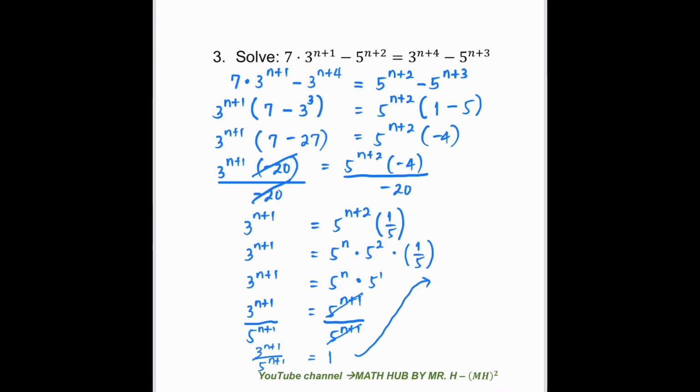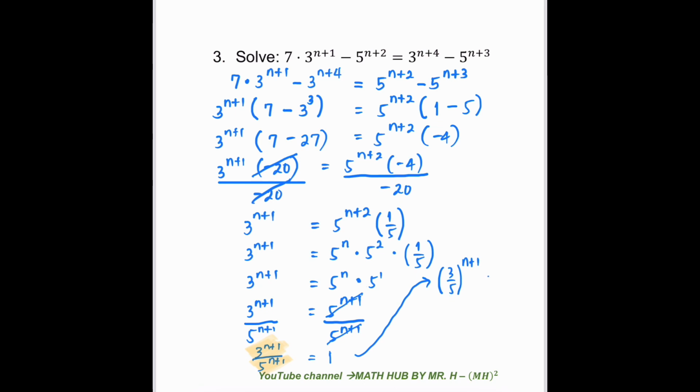Okay, so if you can recall one of the rules earlier, the left-hand side can be rewritten into 3 over 5 to the power of n plus 1. That's one of the rules because both of them have the same exponent of n plus 1, we just take 3 over 5 as the base.